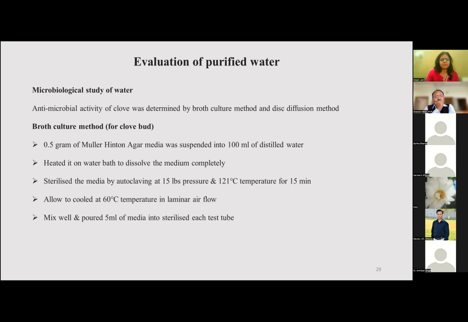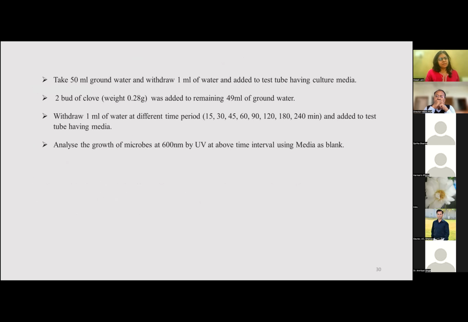We kept it at 15 pound pressure at 121 degrees centigrade, sterilized it and cooled it. In this media we added the pure water or the water we want to sample, and after addition of clove extract and clove bud separately, every 15 minutes we withdrew the water and checked its microbial count.